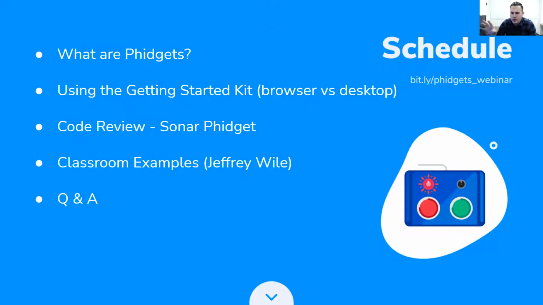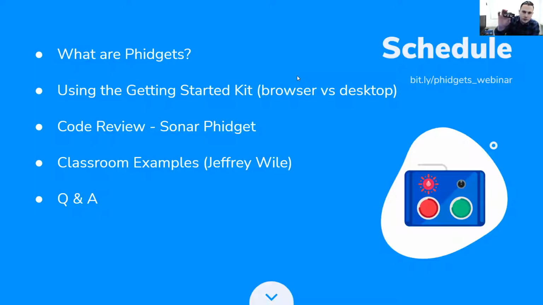There's two primary ways you can interact with the Getting Started kit and with Phidgets in general. There's a browser-based method, which is brand new, and that's really good for the younger students. And if you are maybe high school or older, I'm not sure what the group is comprised of, then the desktop would probably be more suitable for you.